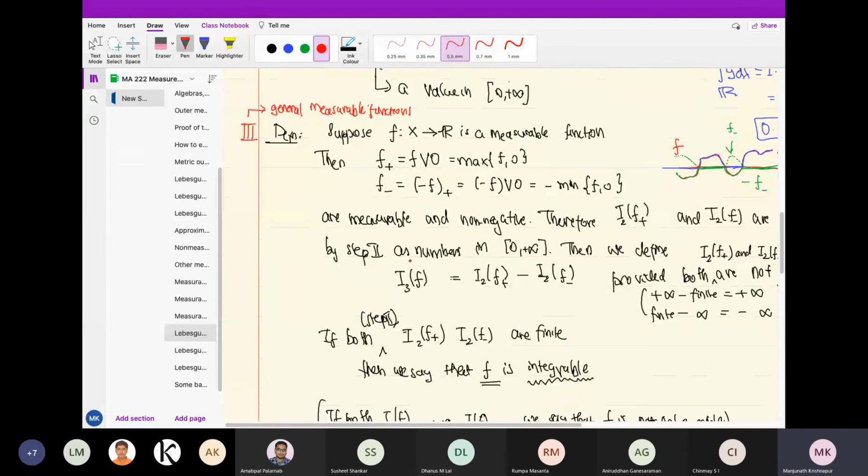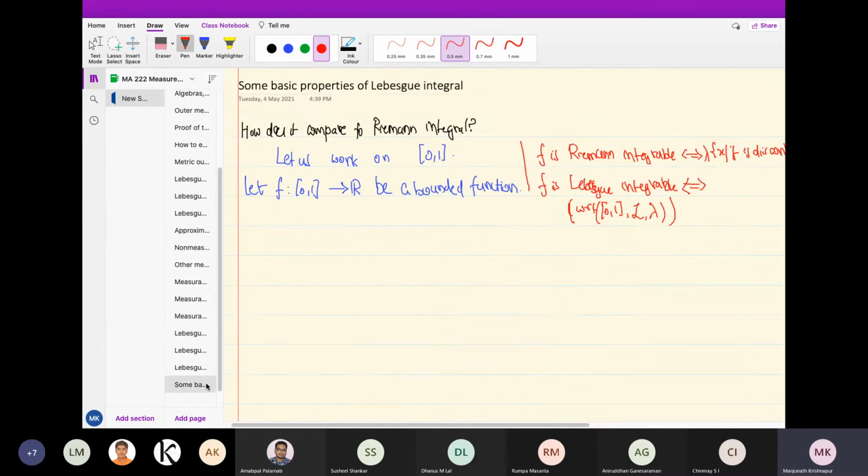A function is integrable if f plus and f minus both have finite integrals, which is the same as |f| having finite integral. So what is the condition here? If f is bounded, is it integrable?